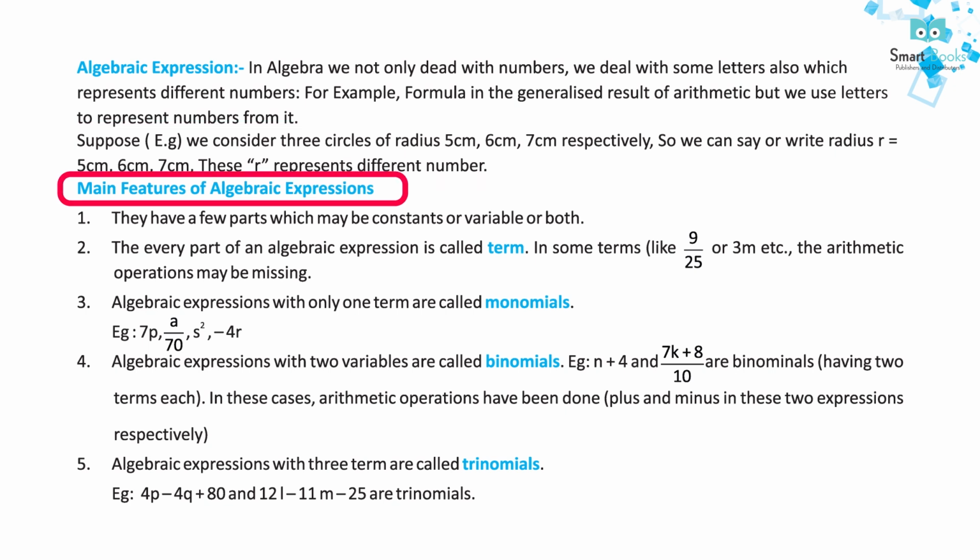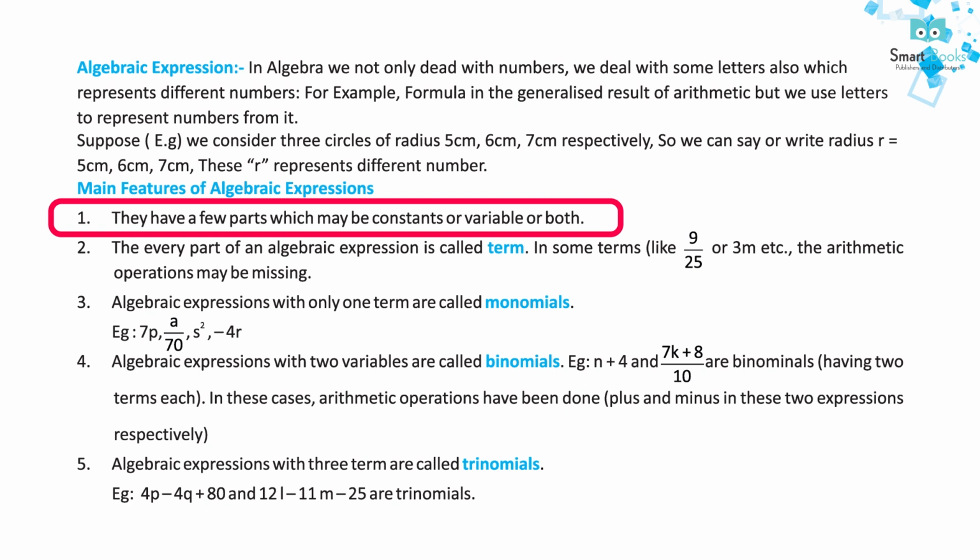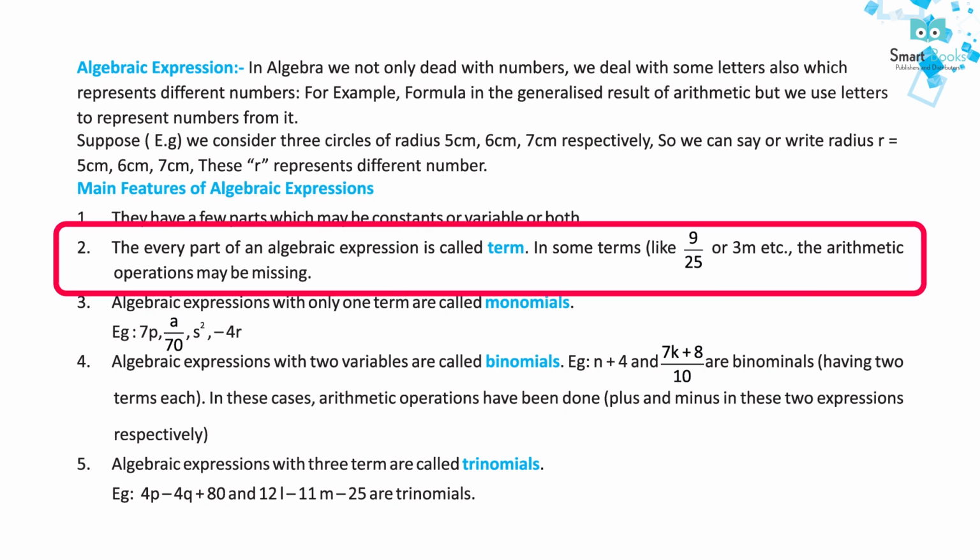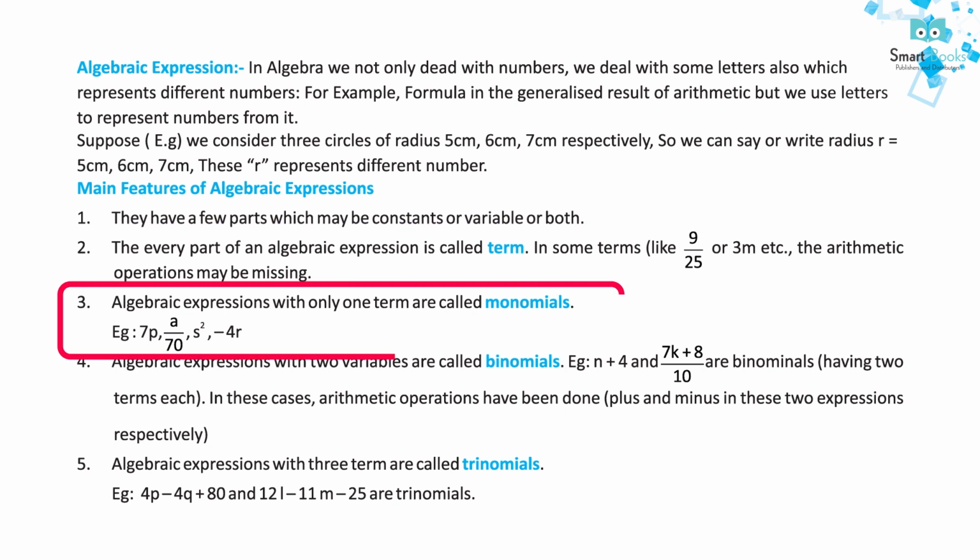Main features of an algebraic expression: first, they have a few parts which may be constants or variables or both. Second, every part of an algebraic expression is called a term. In some terms like 9 upon 25 or 3 meter, etc., the arithmetic operations may be missing. Third, algebraic expressions with only one term are called monomials.